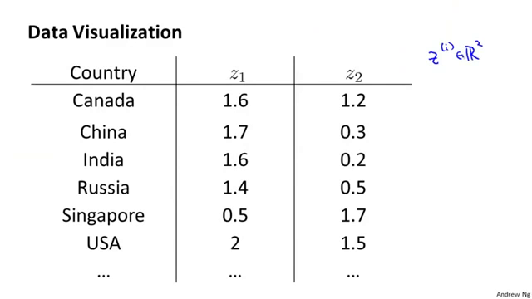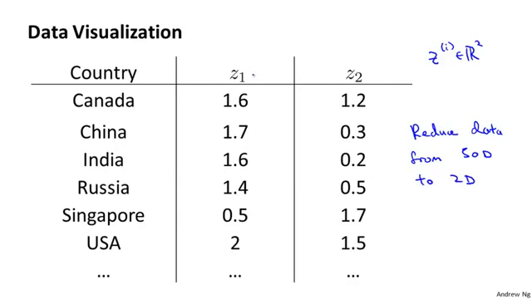If we can have just a pair of numbers, z1 and z2, that somehow summarizes my 50 numbers, maybe what we can do is then plot these countries in R2 and use that to try to understand the space and these sorts of features of different countries a little bit better. And so here, what you can do is reduce the data from 50 dimensions to 2D, so you can plot this as a two-dimensional plot.